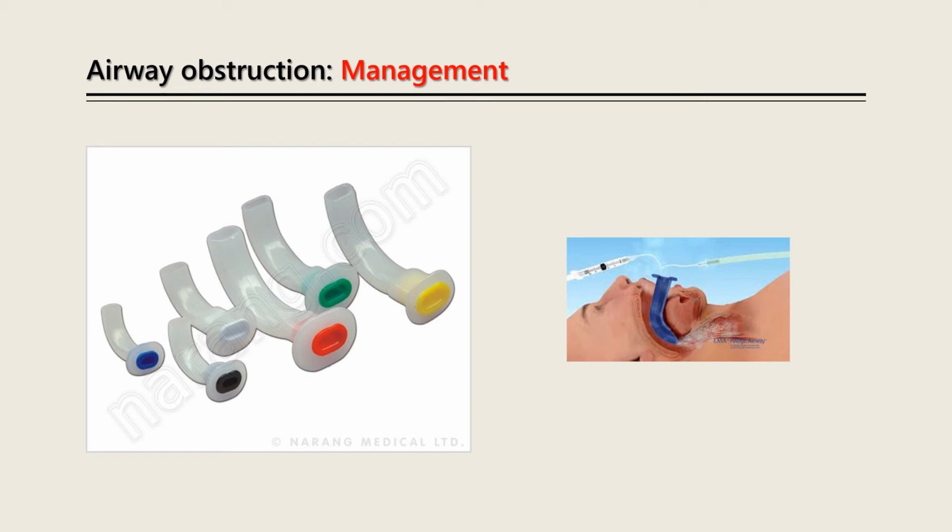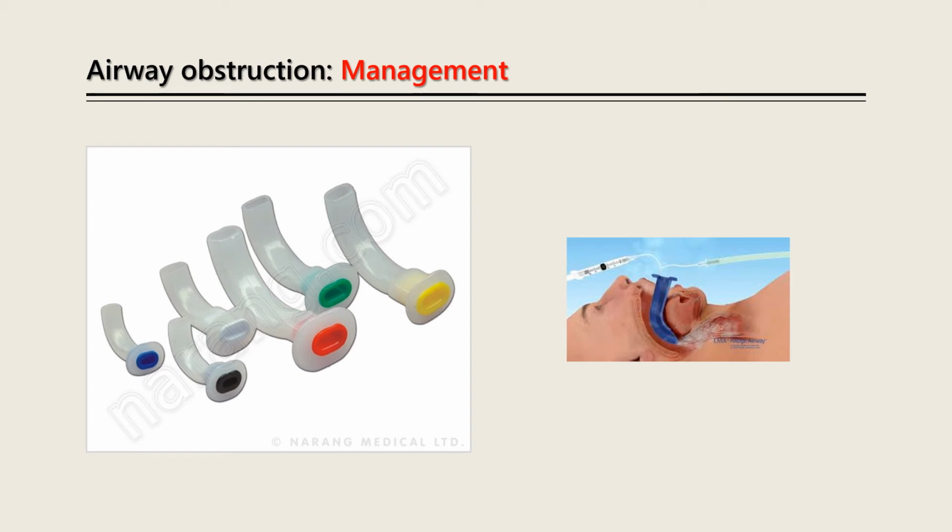And as we see, we have different colors of the oropharyngeal airway, and this means we have different sizes of the airway. How should we use the suitable size for the patient? By sizing from the central incisor of the patient till the angle of the mandible.